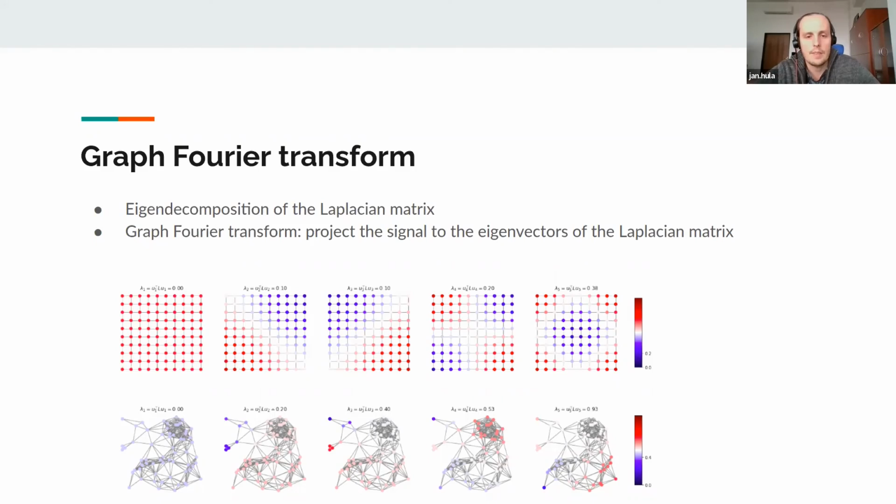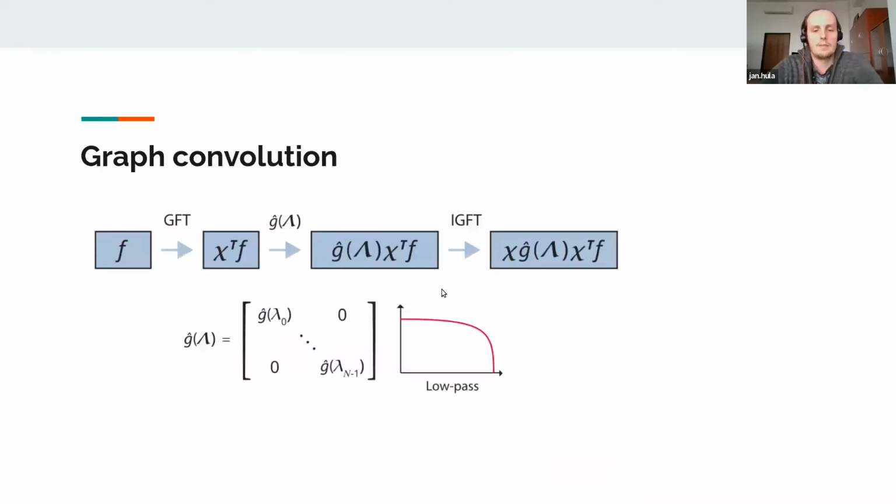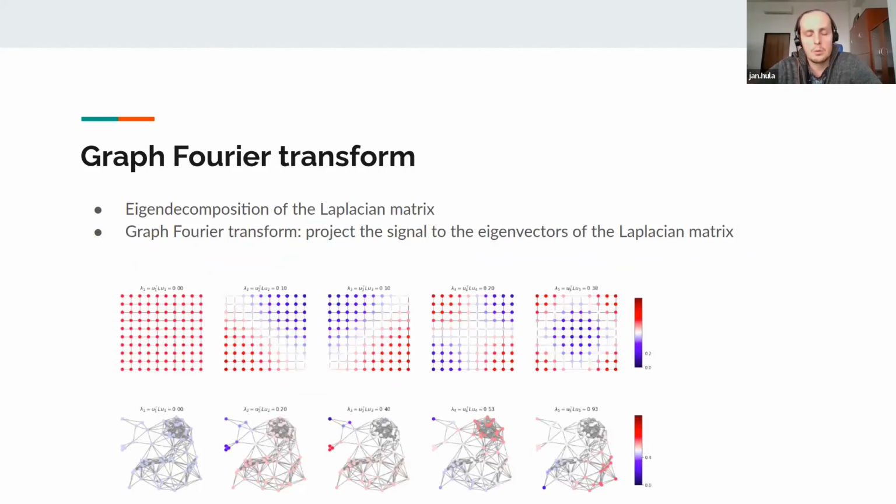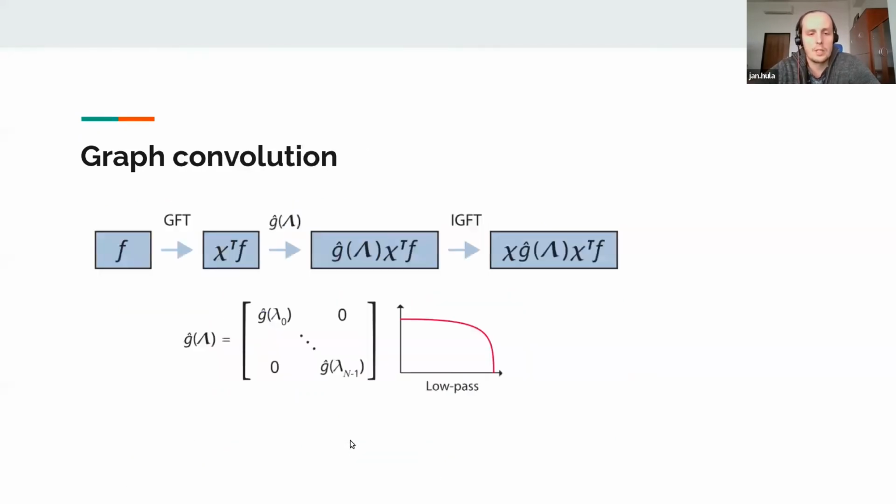So here is how you can do graph convolution, because it's not clear how to do convolution on a graph, since every vertex has a different neighborhood, so you cannot have a fixed kernel. But we can use the idea that convolution in the Fourier, or spectral, domain is computed by multiplying the Fourier representation of the signal element-wise by some numbers.